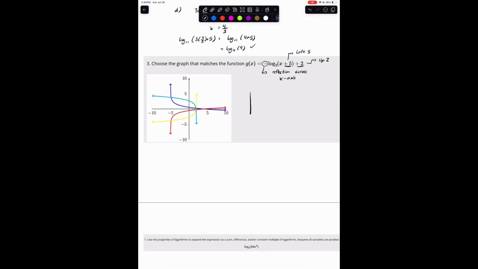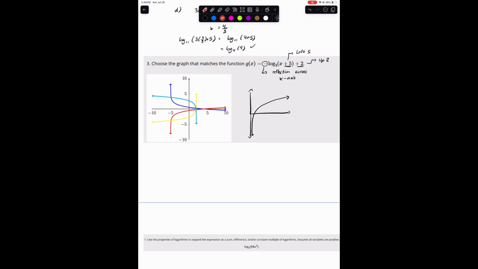So I'm just thinking, the parent graph for log of x looks something like this. If we do this reflection first, we get something like this. I guess it'd be more like this. There you go.